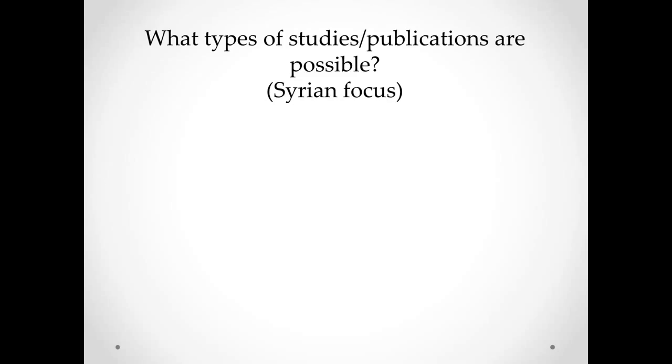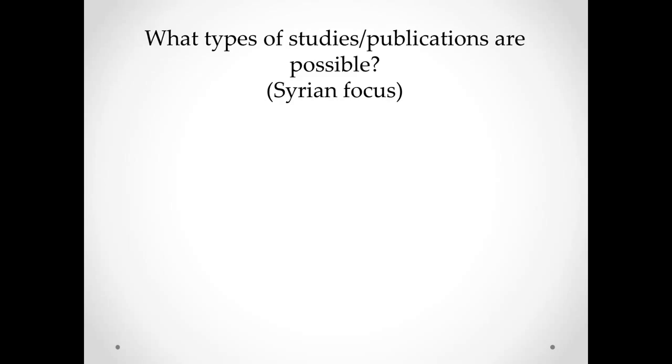So I'm going to move now to a Syrian focus, but if you want to summarize what I have said so far, I've given you examples of letters to the editor, a review article, a retrospective study, and a survey.